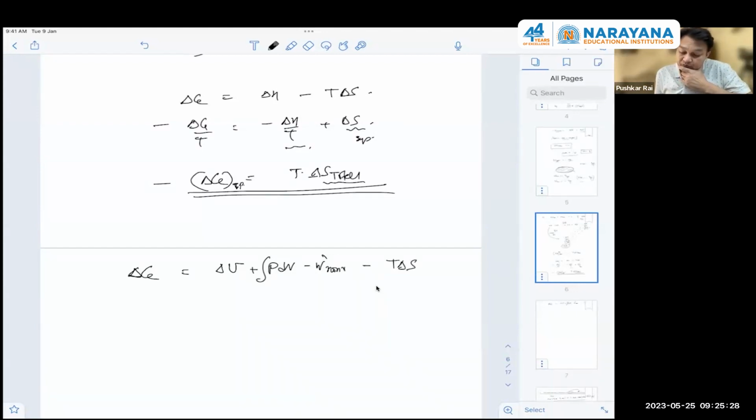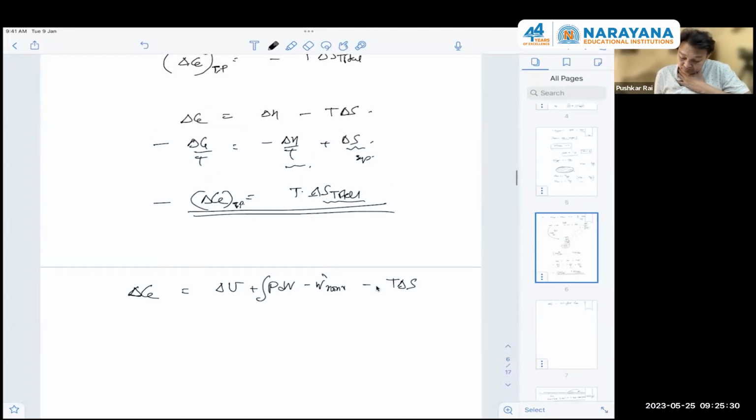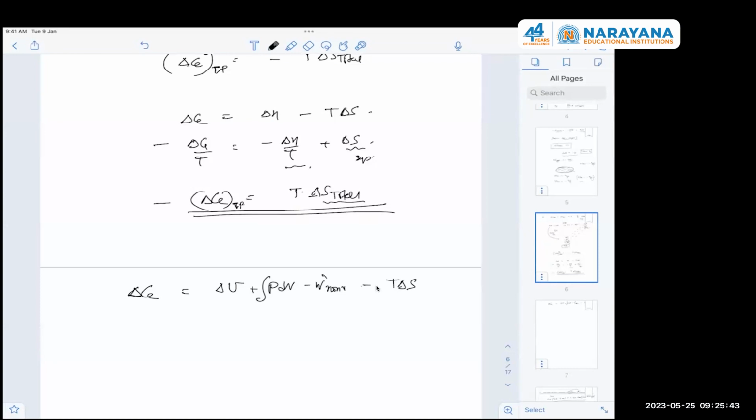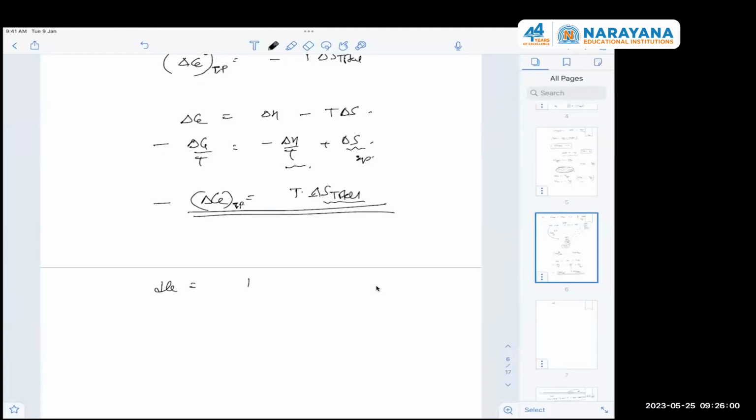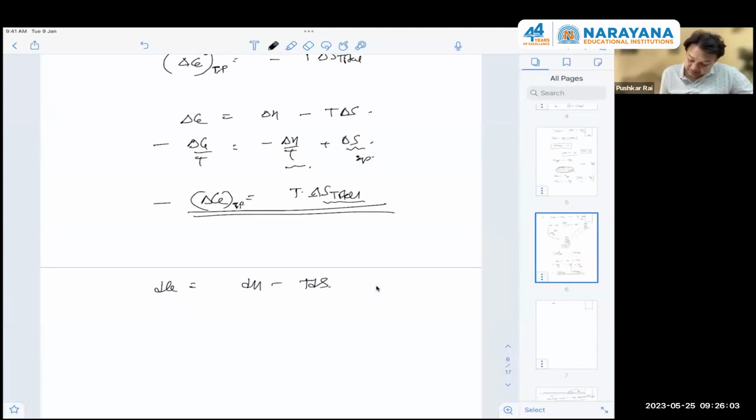Okay, let us suppose we can write it like this, because in this case non-PV work is also involved. So delta G is equal to delta U plus PdV minus W dash non-PV, minus T delta S. So you want that we should start from fresh? dG is equal to dH minus TdS, like this one.